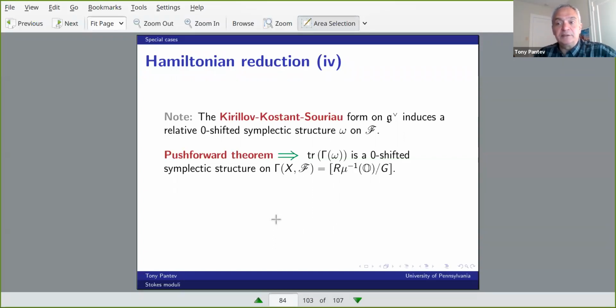But this now makes sense everywhere. So this seems to say that Hamiltonian reduction is a special case of Lagrangian intersection. And because Lagrangian intersection was a special case of push forward, then it's a special case of push forward.